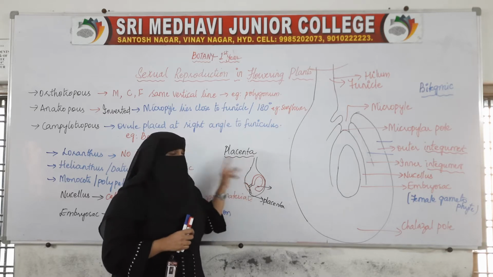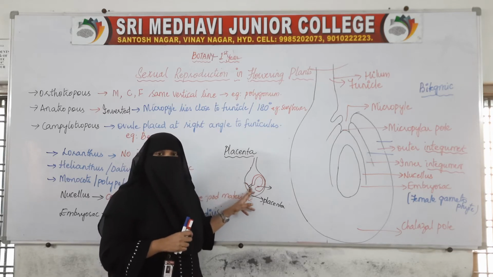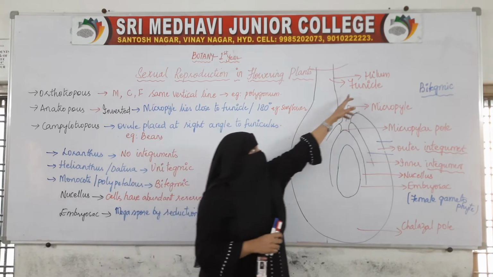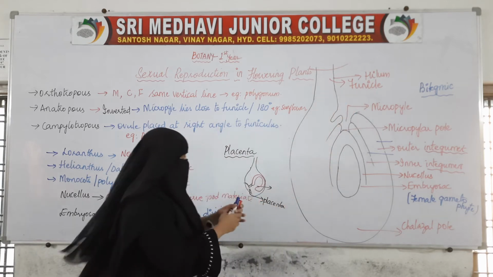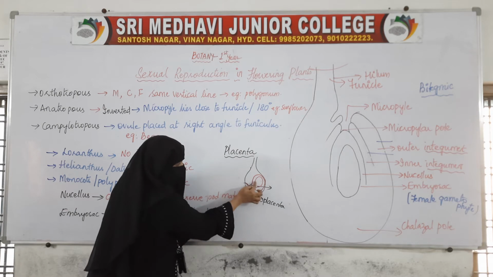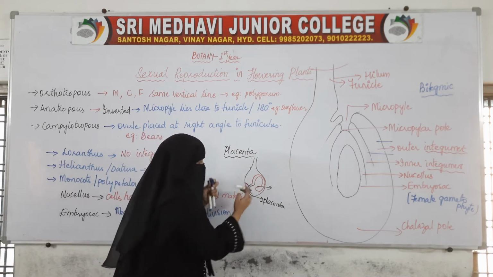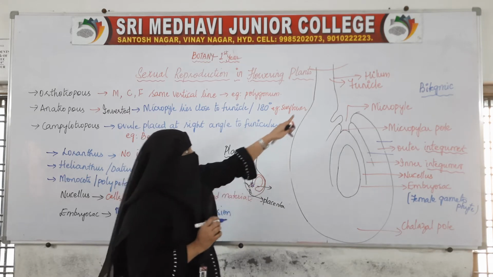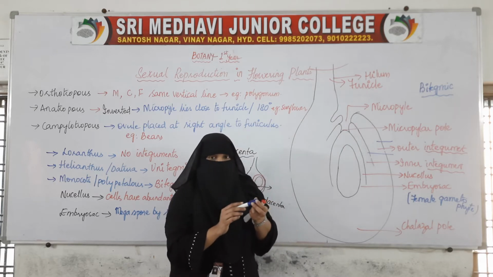The stalk-like structure attached to this placenta is called the funicle. The place where the funicle and the ovule fuse is called the hilum.